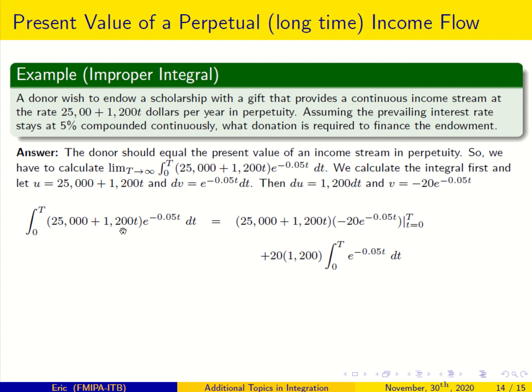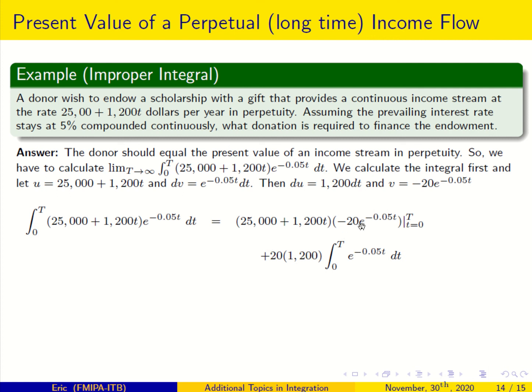Okay, and I can change this into this one. How do I get this? This is just using integration by parts, u times dv. So u times v, you can check v is minus 20 e to the power of minus 0.05t. So I have uv minus integral of v du.